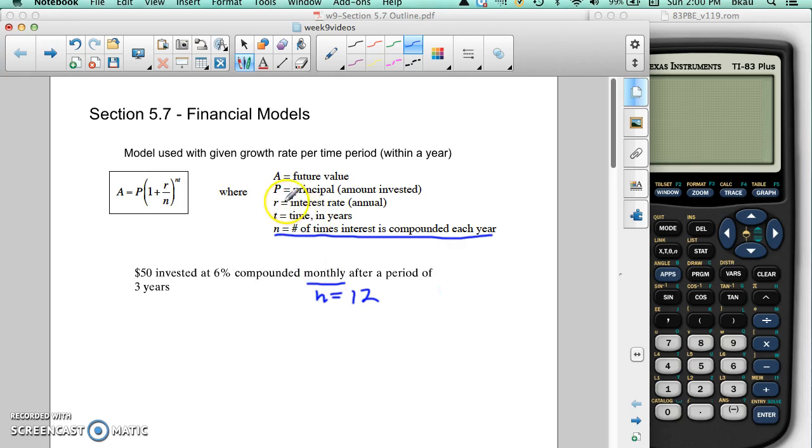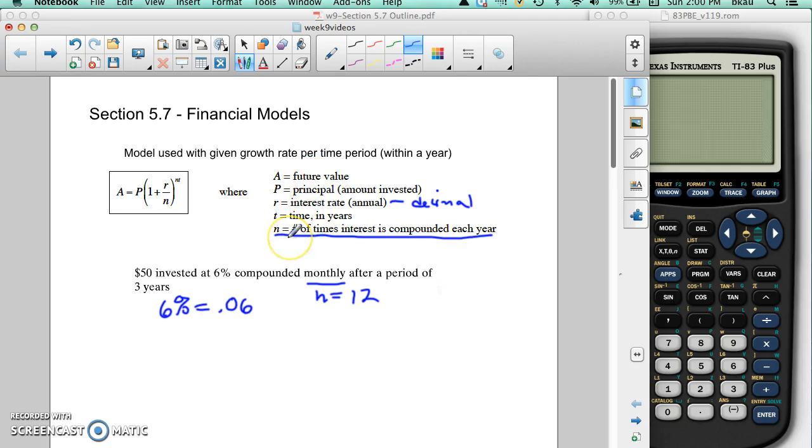T is time in years, R is interest rate, and we're going to write that as a decimal. So if it's 6%, that is 0.06. In our formula, P is principal, how much you invest, and A is future value.